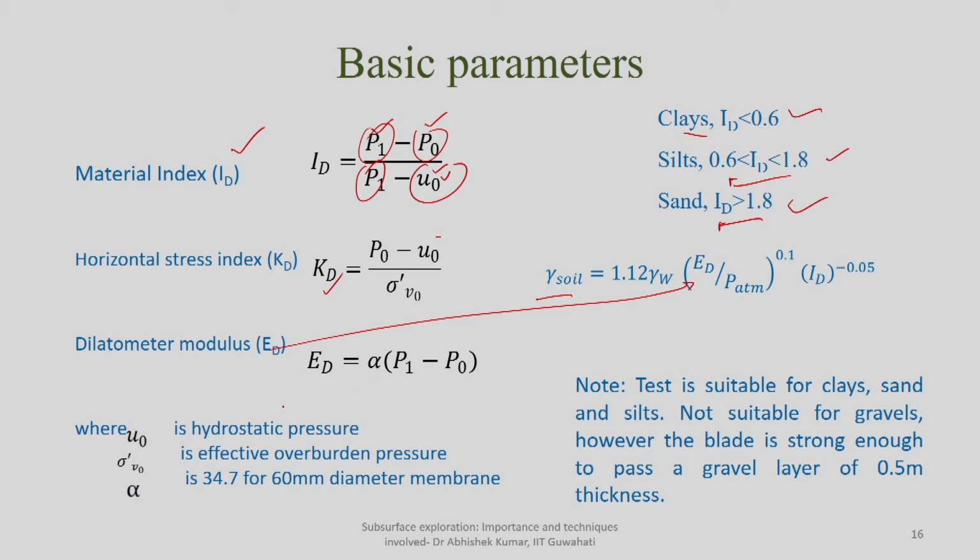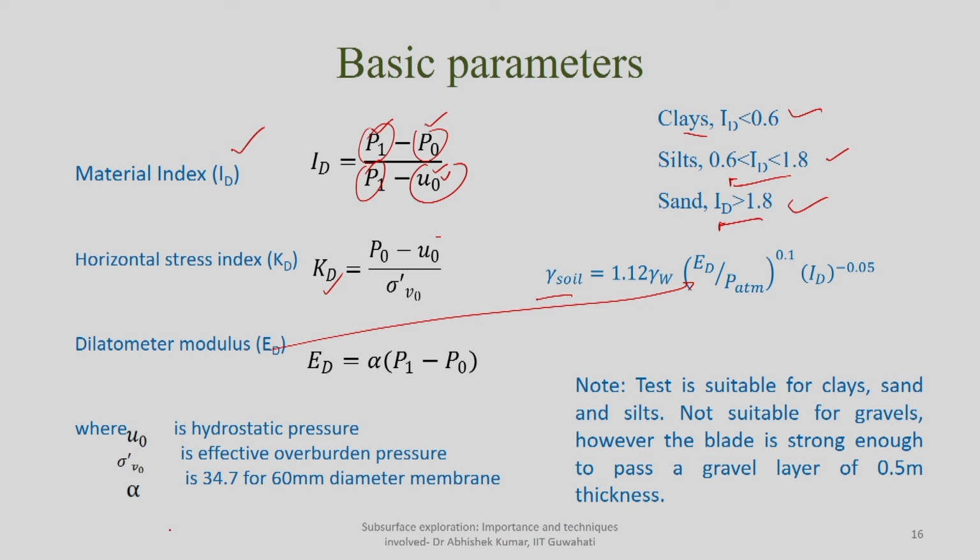Alpha value, once you go for dilatometer modulus, these are different constants. Based on the field recording you determine some constants, and based on these constants you determine your shear strength parameters, your Cu value, your phi value, your over consolidation ratio, and many other things.